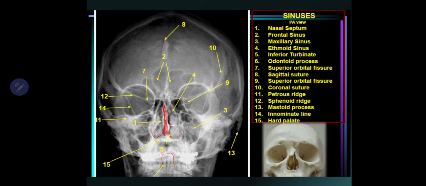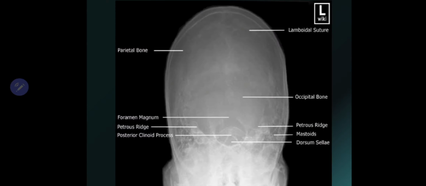Now we have discussed the basic anatomy of the structures that we see in skull radiograph. This is the parietal bone, the area of the lambdoid suture. This is the occipital bone, the occipital bony protuberance, the foramen magnum, the petrous ridge, the posterior clinoid process, the petrous ridge, the mastoids.